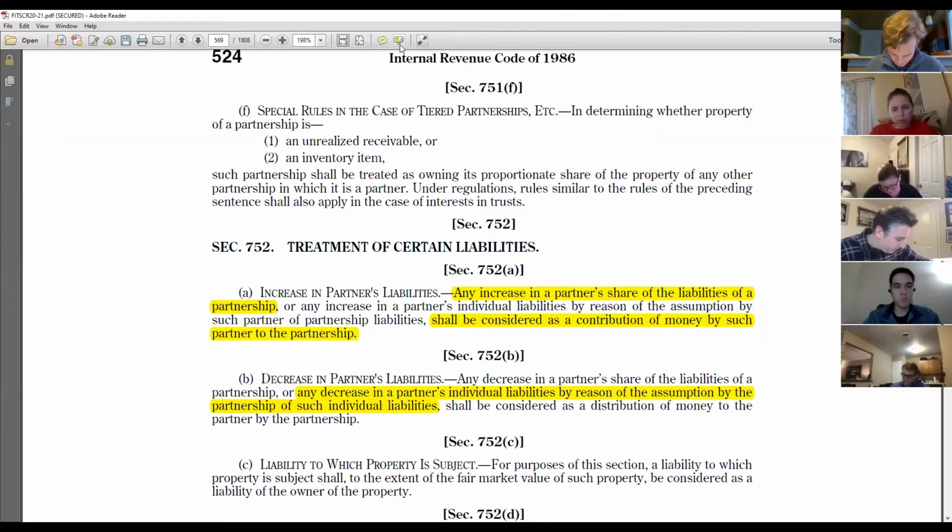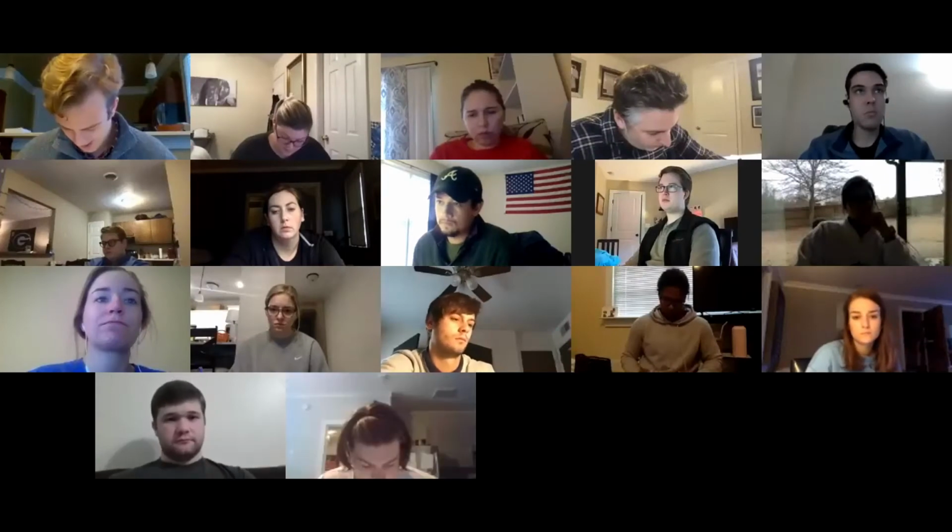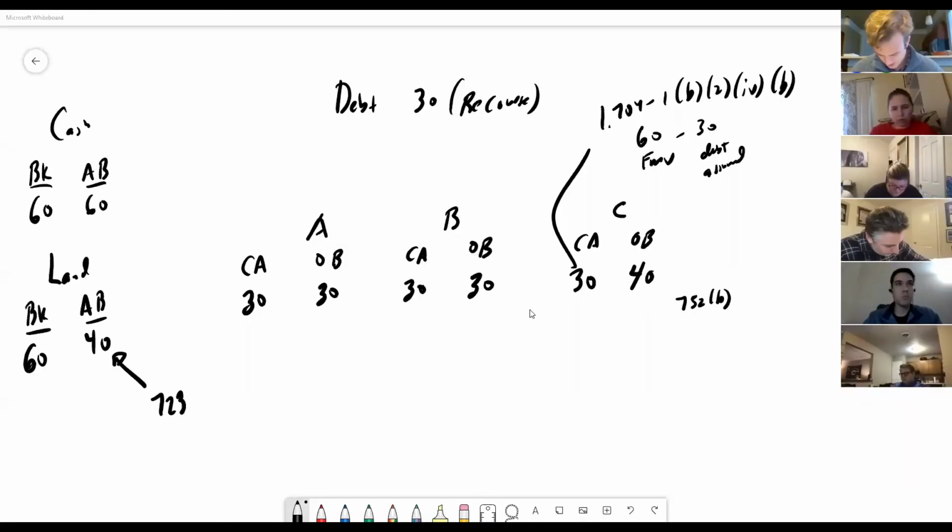And we know that distributions of money reduce outside basis by the amount of money distributed under section 733. So we combine 752B with 733, we reduce C's outside basis by 30. So we reduce it here by 30.